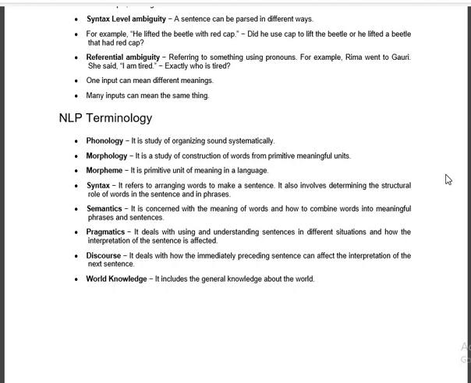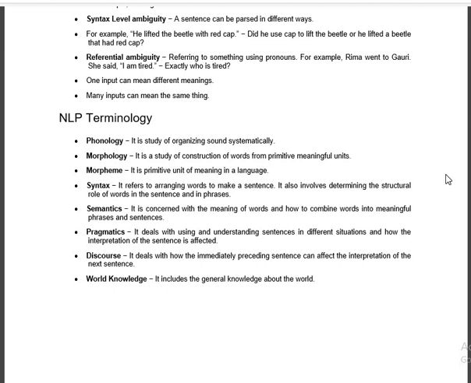Semantics is mostly concerned with the words, how they are combined to make a phrase, and that helps to develop sentences. Then we come to pragmatics. It deals with understanding the sentence in different situations, how to interpret it. With referral ambiguity, a sentence can be used in more than one situation. So pragmatics helps us understand the sentence's situation, and accordingly the intelligent machine is going to work.